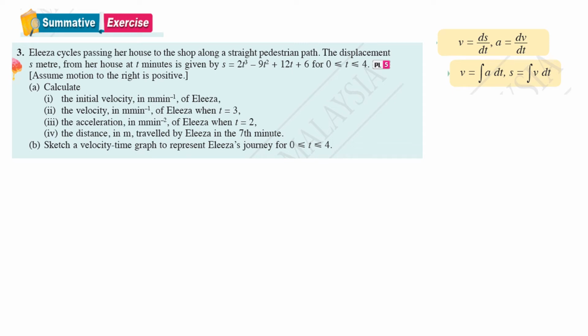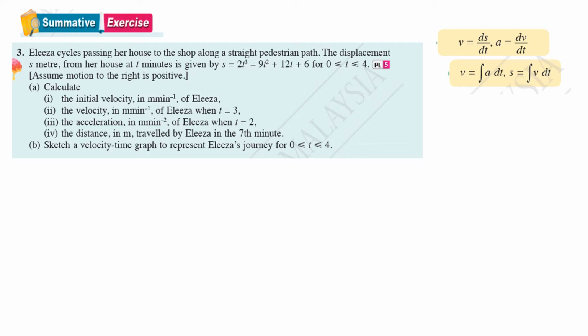Okay, we are going to solve question number 3 in the summative exercise. Lisa cycles passing her house to the shop along a straight pedestrian path.